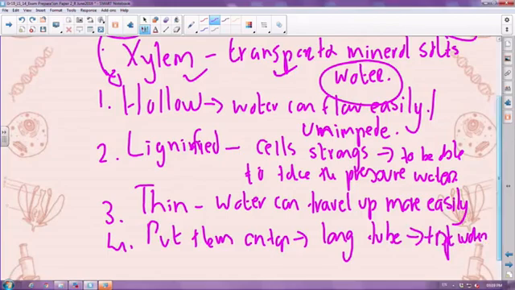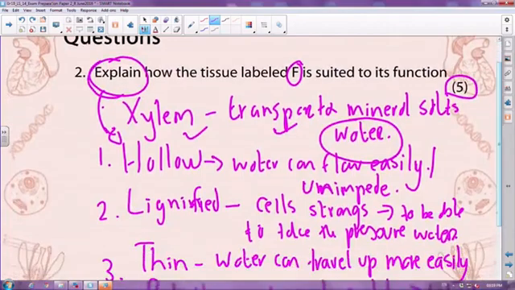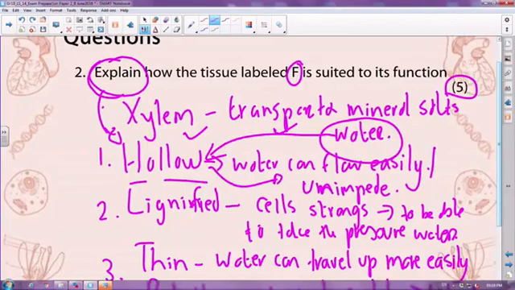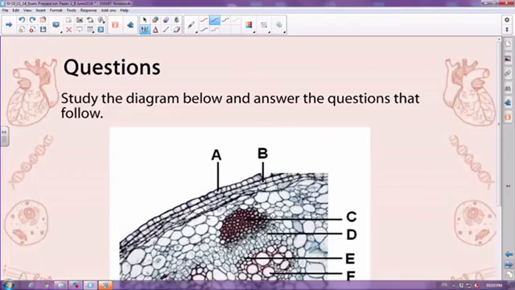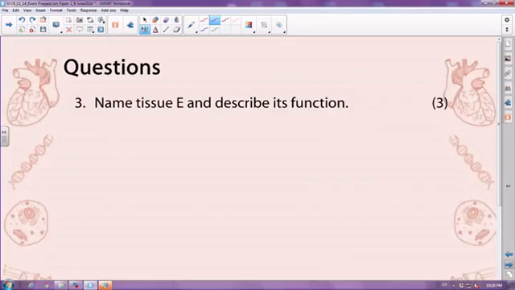So guys, when it comes to this question, explaining, you actually have to tell me what feature is the reason why it is so good at what it does, and why it makes transporting water so much easier. This question is not the easiest one, but it is a very common question when it comes to asking about xylem.